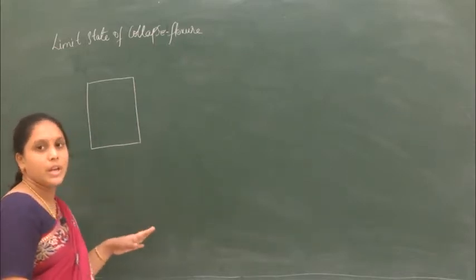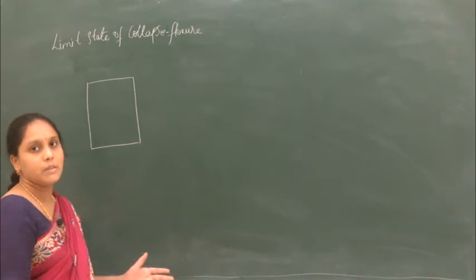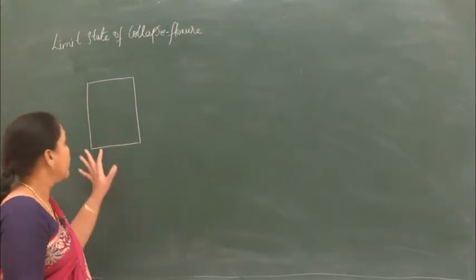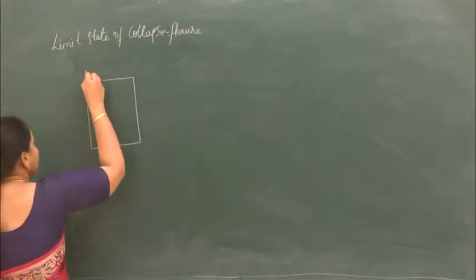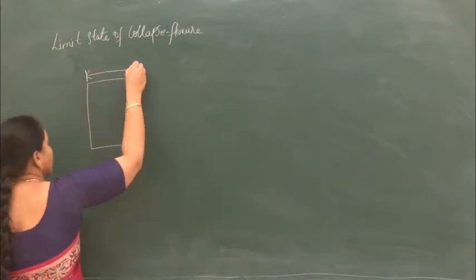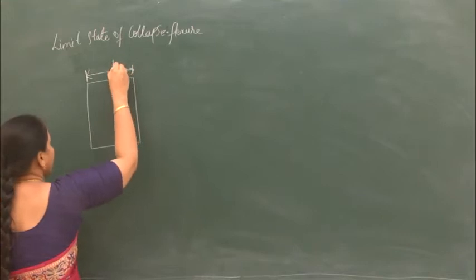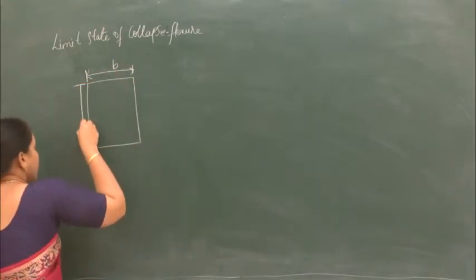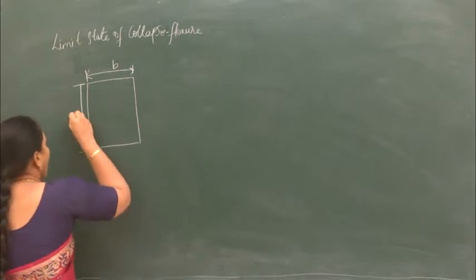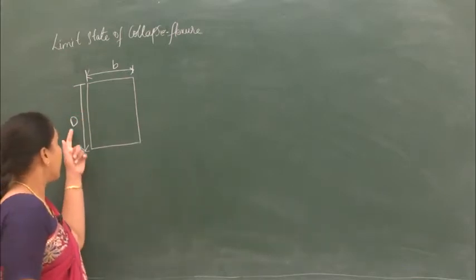I am considering a singly reinforced beam and at some section A I have taken this. Let the breadth of the beam be B and D be the overall depth of the beam.